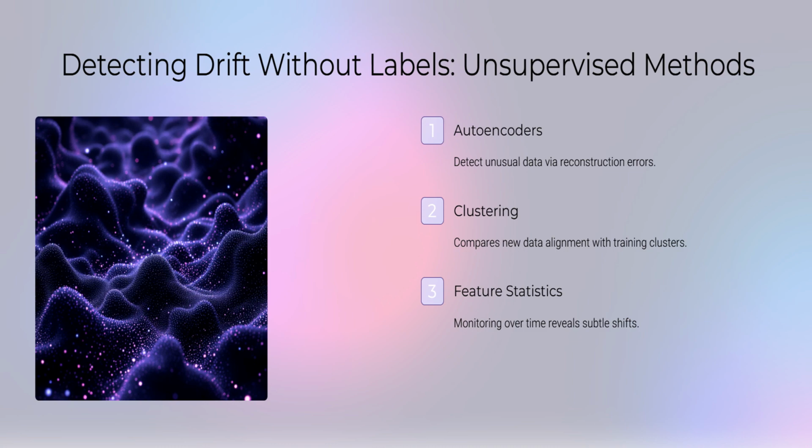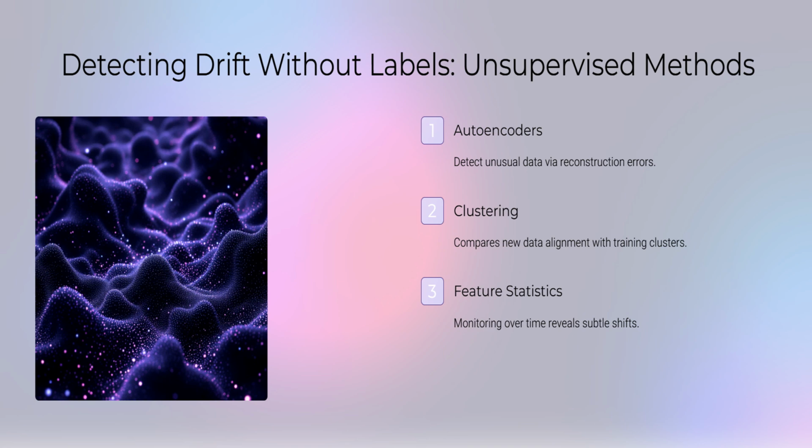Detecting data drift without labels: unsupervised methods. This slide addresses the common challenge of detecting drift when true labels, or ground truth, are not immediately available in a production environment. It presents three unsupervised techniques. Autoencoders: anomalies and drift are detected by measuring high reconstruction error when the model tries to reproduce unfamiliar input data.